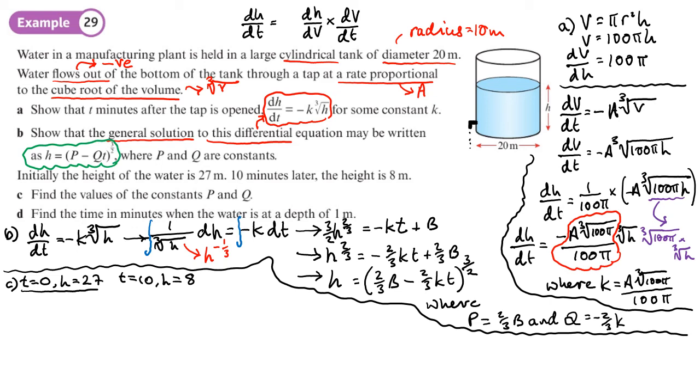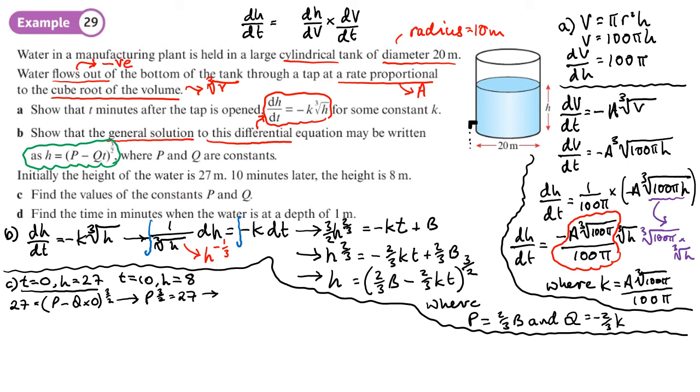So H is 27 and T is 0, so you'll basically get Q times 0 to 3 over 2. So that will give us P to the power 3 over 2 equals 27.